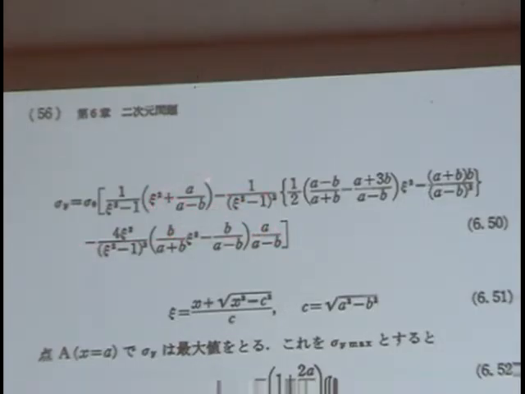So only this term remains. So C squared plus 1 over C squared minus 1, and this is a simple expression because C is A. So we obtain the solution for a crack.